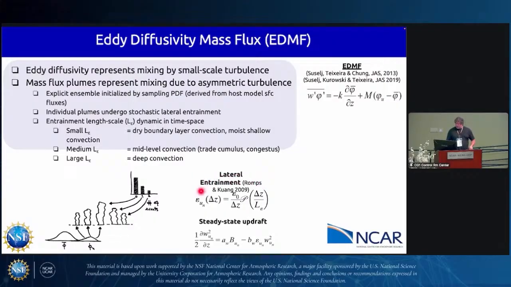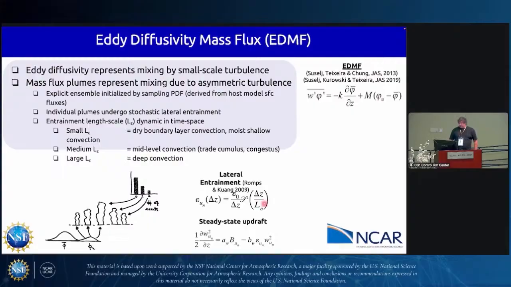That's okay. This is the fractional entrainment rate that each plume ensemble feels, and it's stochastic, and that's given by this squiggly P, which is referring to a Poisson distribution with a mean of the layer thickness over L, which is our entrainment length scale. So the entrainment length scale is defined here as the vertical distance a parcel undergoes before experiencing a single entrainment event.